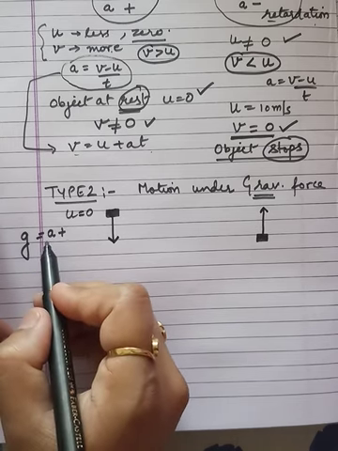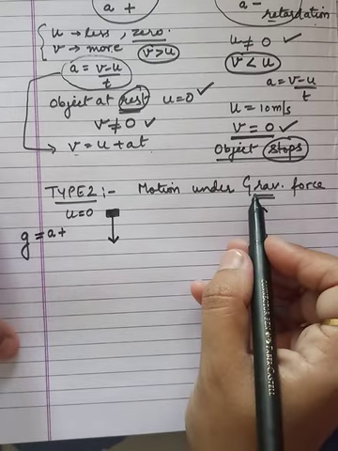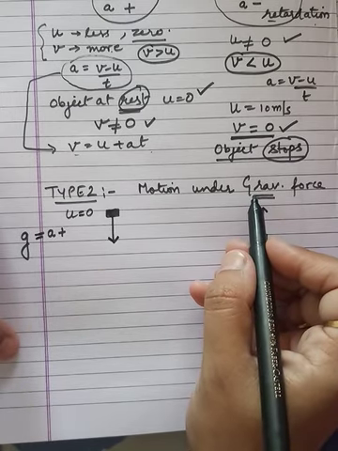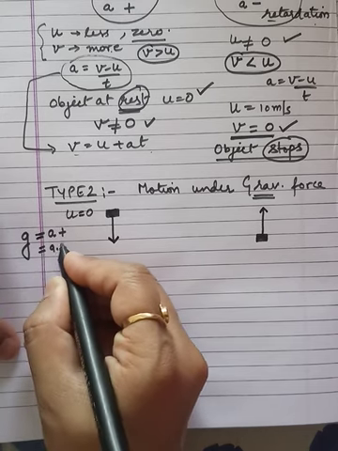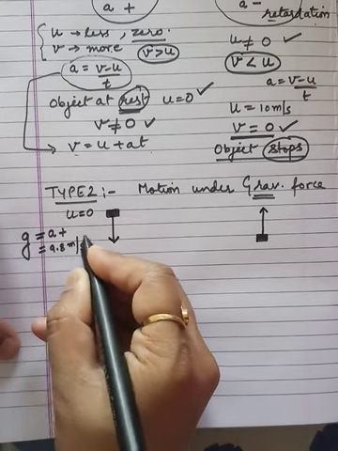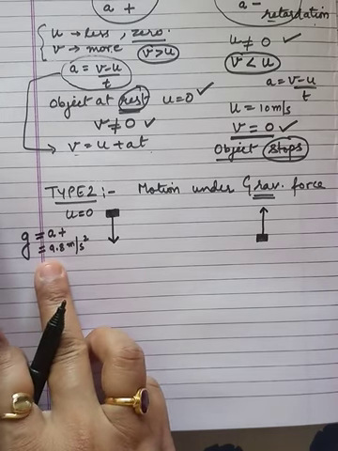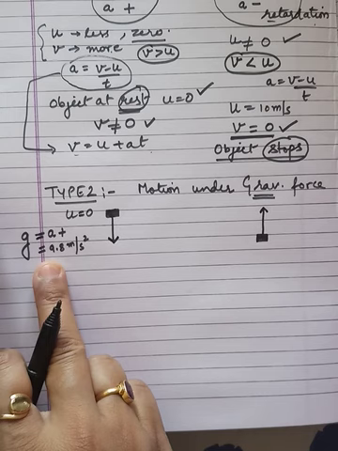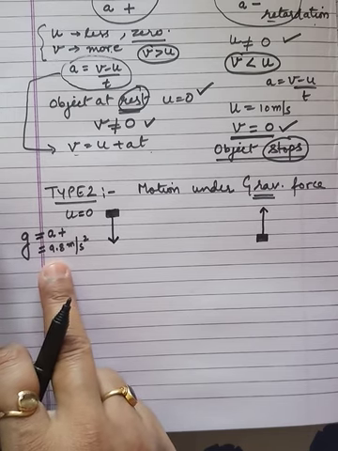And this acceleration is uniform acceleration because the gravitational force is always the same acting on every object, and it comes out to be 9.8 meter per second square. This acceleration due to gravity is 9.8 meter per second square. Okay, how did we get this value?